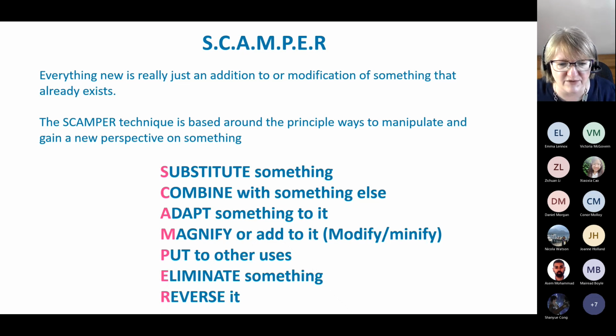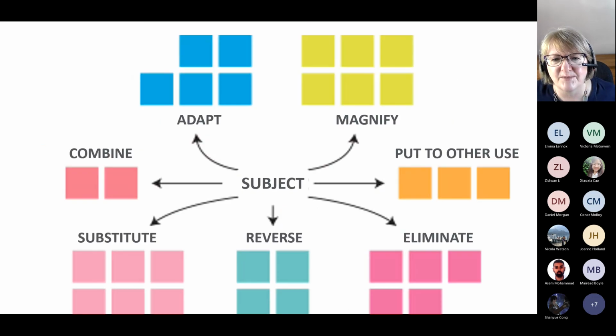Reverse, I'll give you an example of that in a moment, because that's kind of another technique. So you might want to, for example, do a brainstorm or a brainwriting session on a particular product or an item or a problem, and then you might use the Scamper method on it, just as the slide here shows.